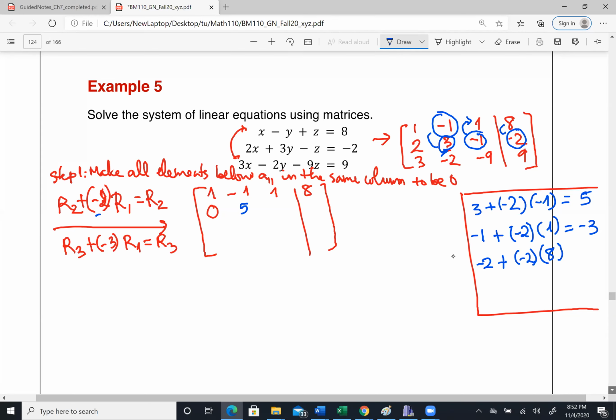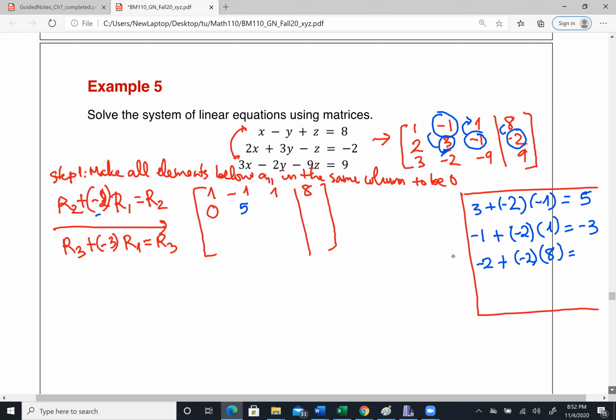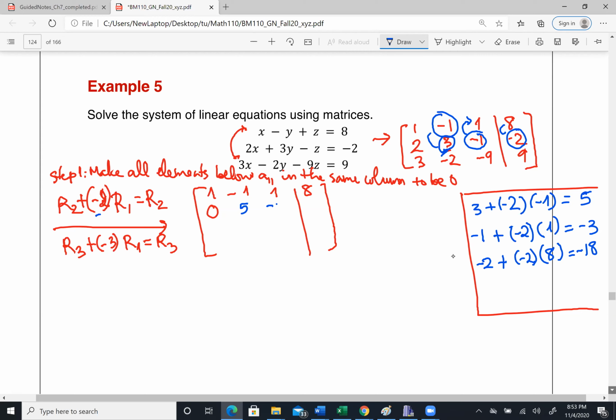What do I have now? -2 minus 16 is -18. Oh, I forgot to put -3 here, and -18.